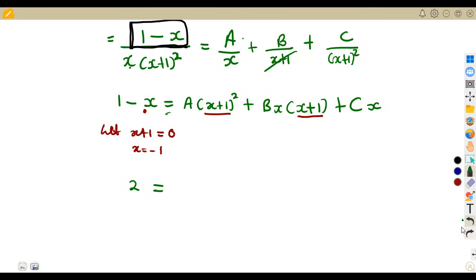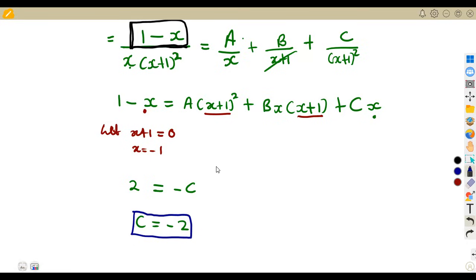So we have eliminated everything. We no longer have this part. We are just focusing on this Cx. When x is equal to minus 1, we substitute minus 1. So it's going to be minus 1 times C, which is minus C. Divide by negative 1, and C is going to be equal to minus 2. So C is negative 2.